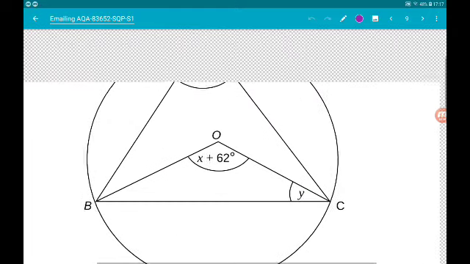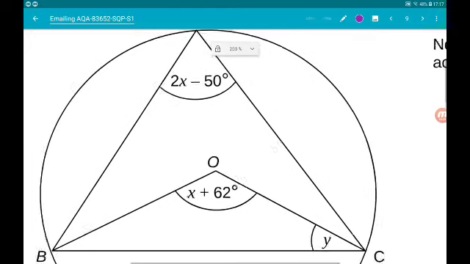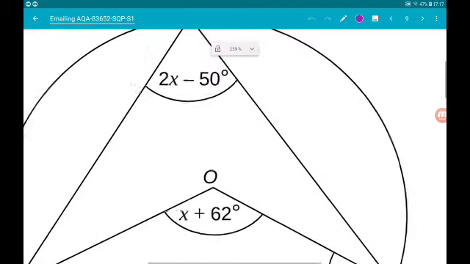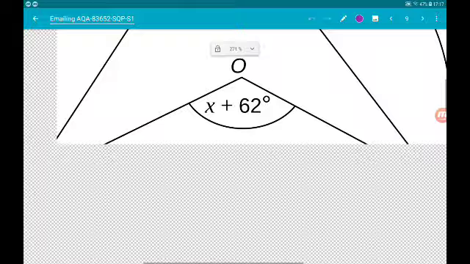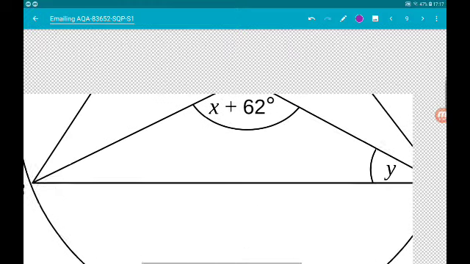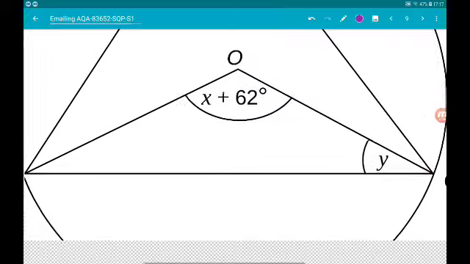Okay, so first of all, using one of our circle theorems, when you have like an arrowhead, which we have here, the angle at the circumference is half the angle at the centre. So, 2x minus 50 is half of x add 62.